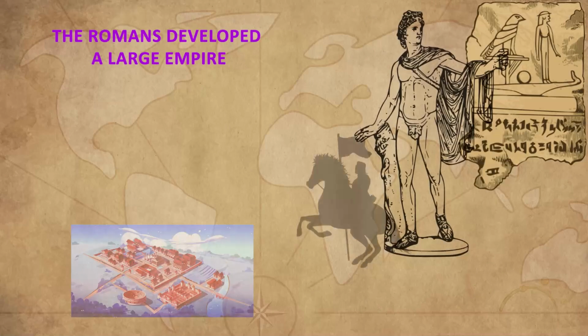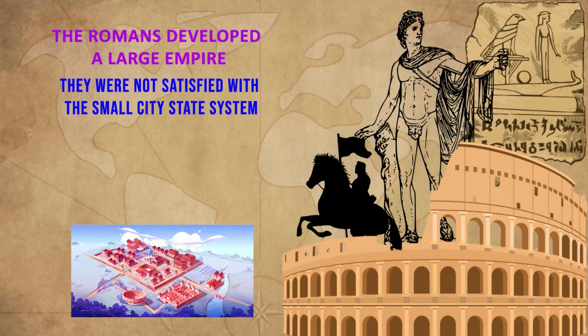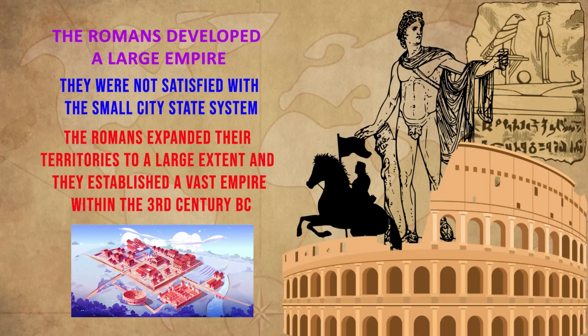But the Romans developed a large empire. Naturally, they were not satisfied with the small city-state system. The Romans expanded their territory to a large extent, and they established a vast empire by the 3rd century BC.